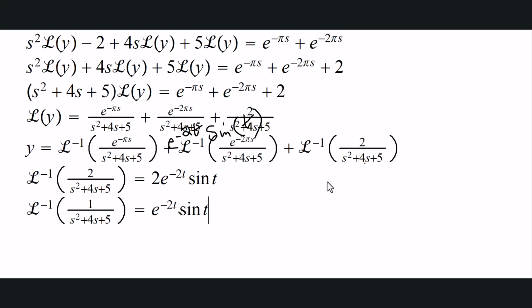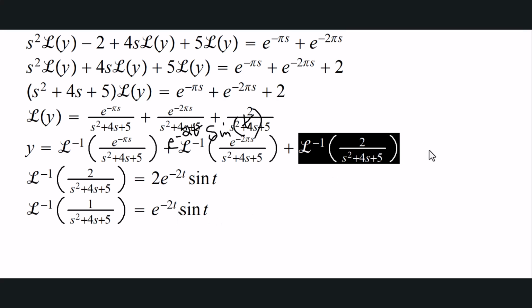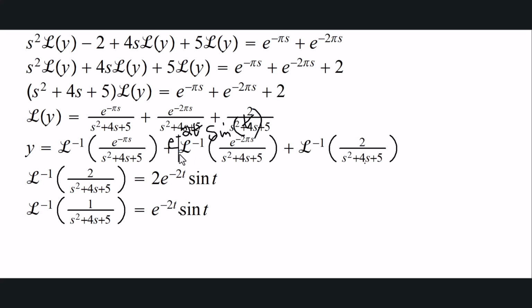So we have obtained this inverse Laplace transform. Now let's work on the other ones. First let me erase this, and then I'm going to bring the other ones down, and then we shall make the comparisons.